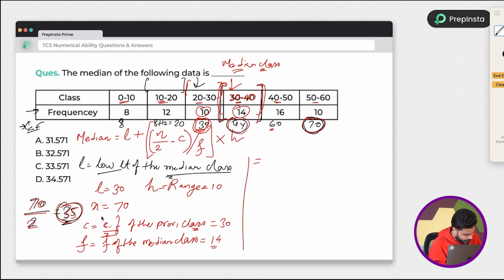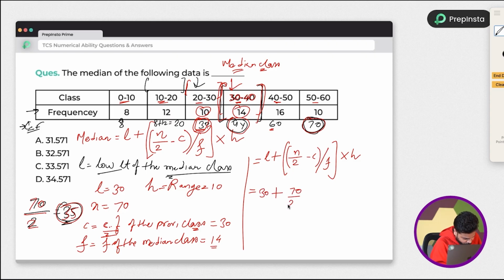So I'll again write it here: L plus (N by 2 minus C) divided by F, into H. L is 30, plus N is 70 divided by 2, minus C is 30.